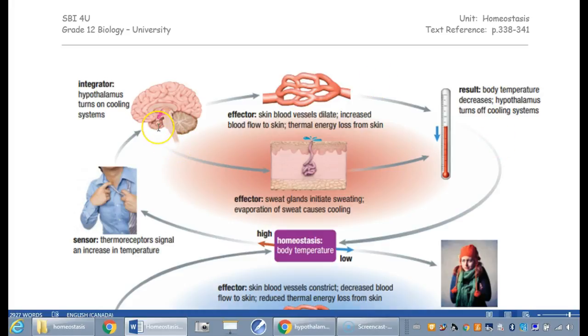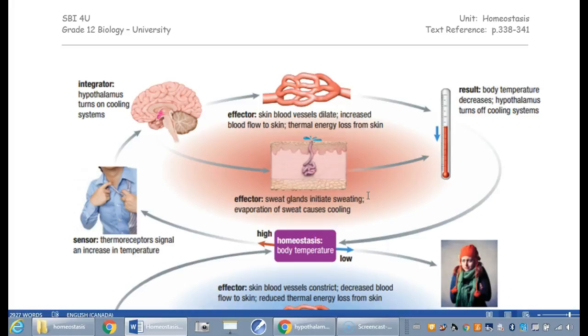Another thing that can happen is that as our hypothalamus signals the opening up of a cooling mechanism, we start to sweat. Our sweat glands begin to release sweat, and the evaporation, the moving of heat from our body to that water to cause it to evaporate, releases a lot of heat out into the environment and sucks it out of our body.